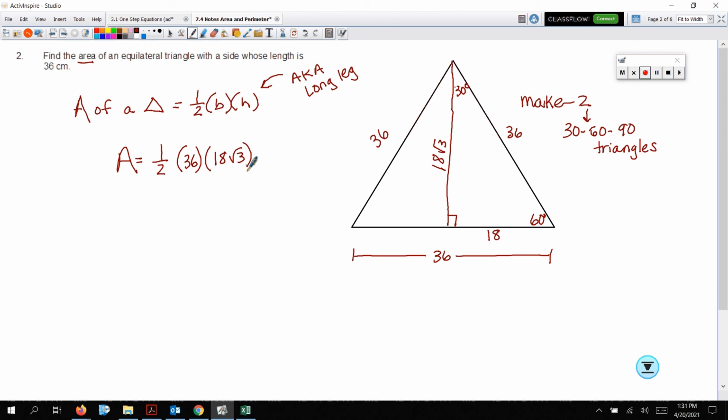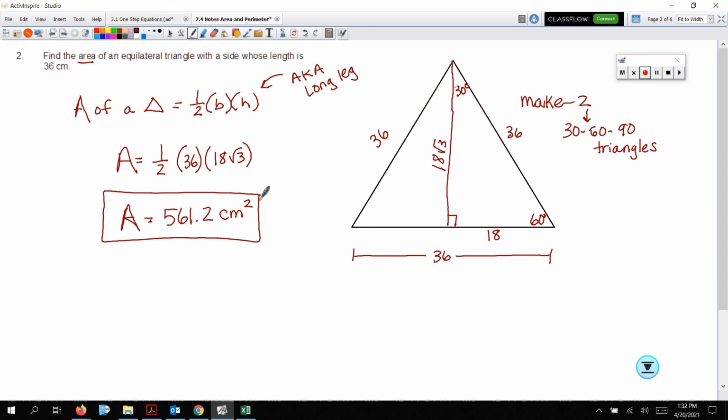If you are plugging this all in with your calculator, be sure to use parentheses. So I plugged it in my calculator: 1/2 times 36, which is 18, times 18 root 3. That gives me 561. We're going to round to the nearest tenth: 561.2 units squared, so centimeters squared.